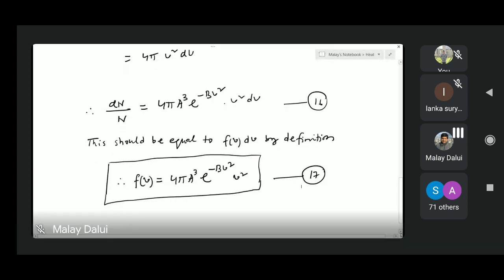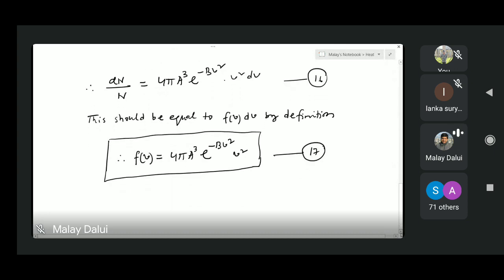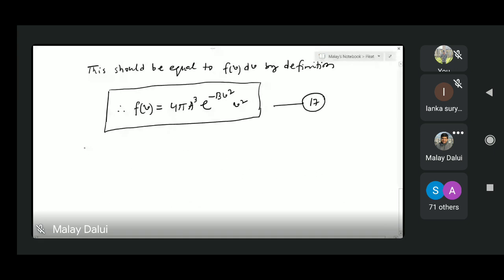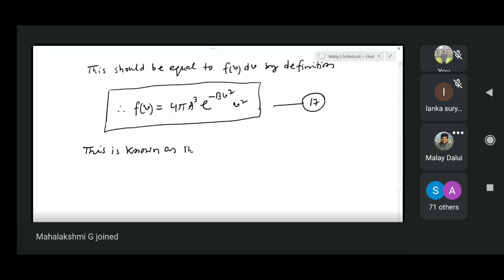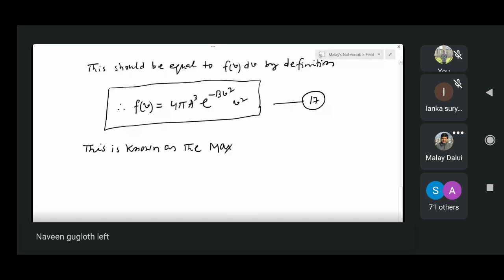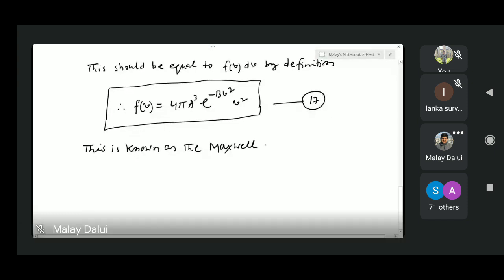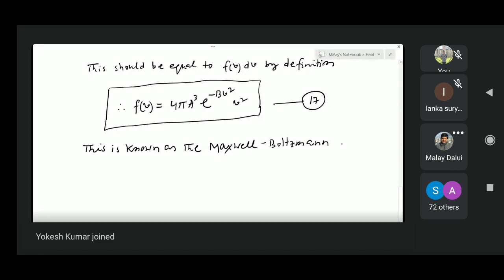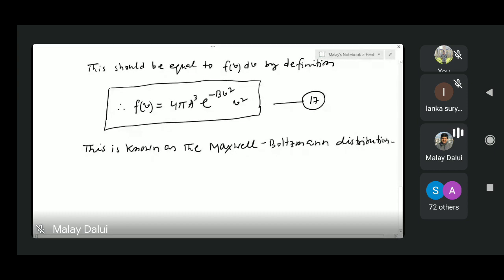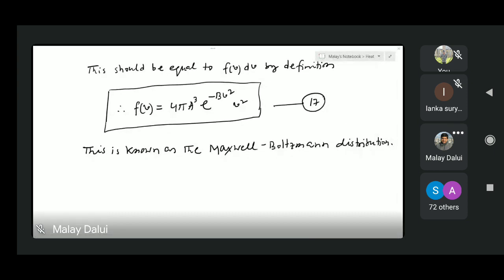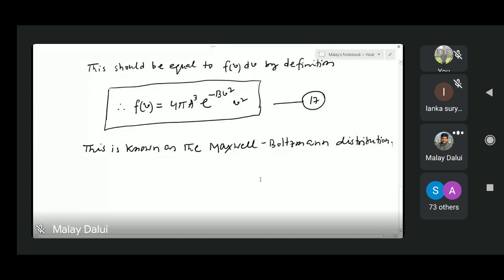And this function is known as the Maxwell-Boltzmann distribution function. This is the velocity distribution, and this is known as the Maxwell-Boltzmann velocity distribution.